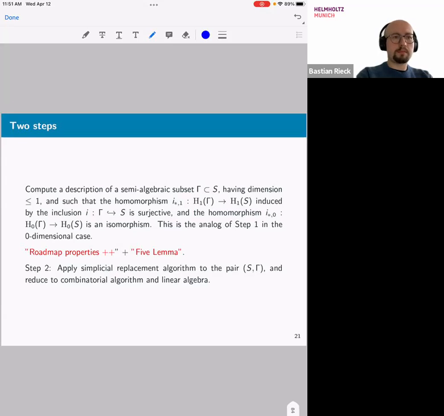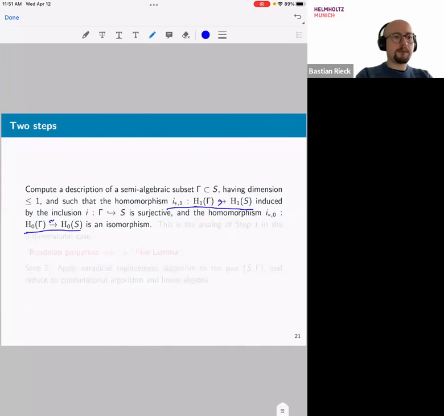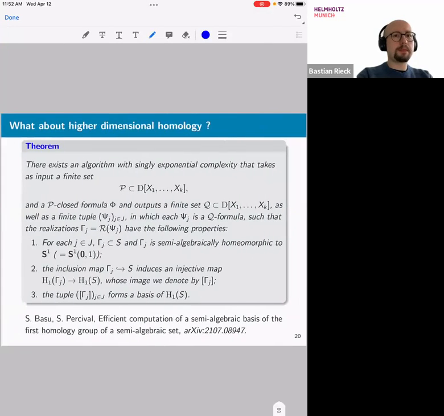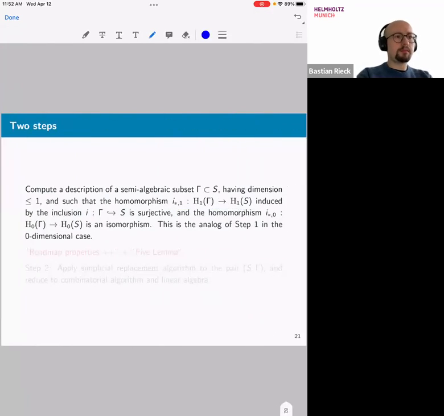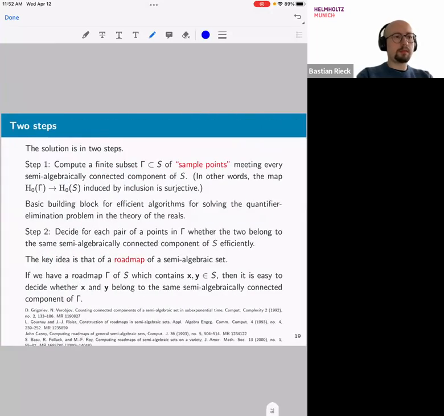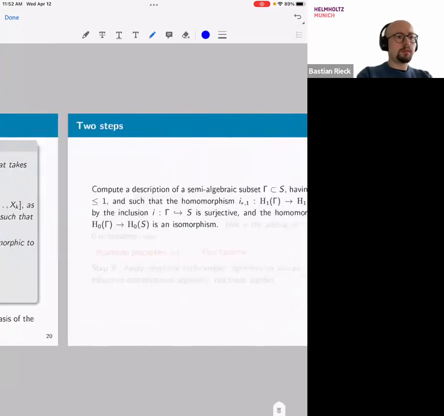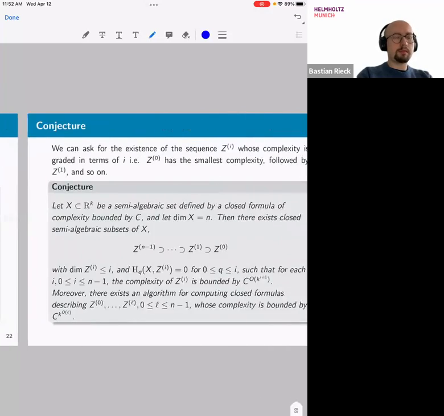So maybe I'm not explaining this in proper detail, but the main takeaway idea is that we can do in one dimension what was classical in the zero-dimensional case. Okay, so maybe let me just end with a conjecture about this internal approach.